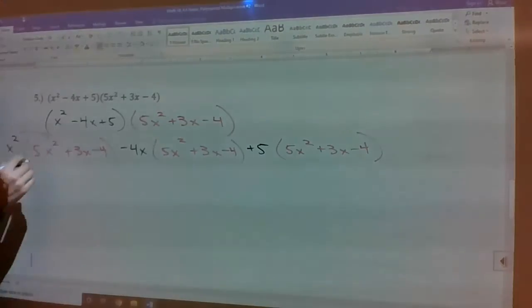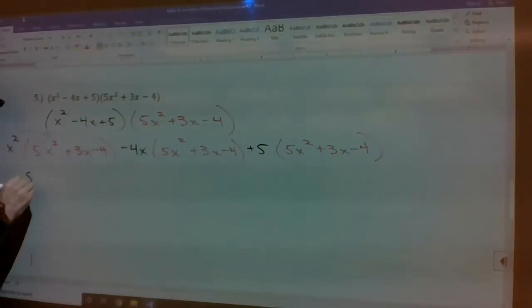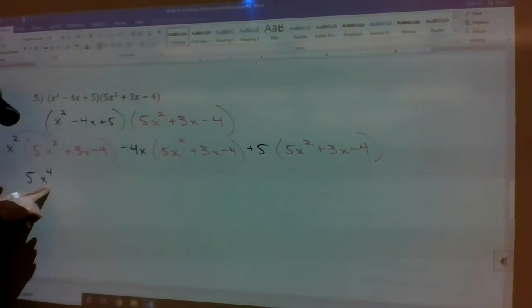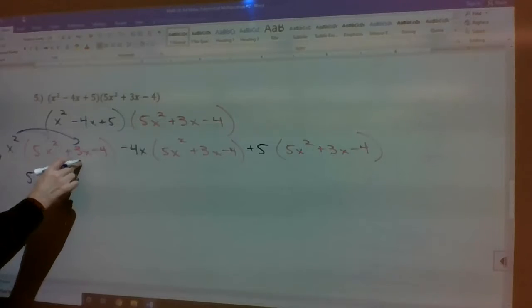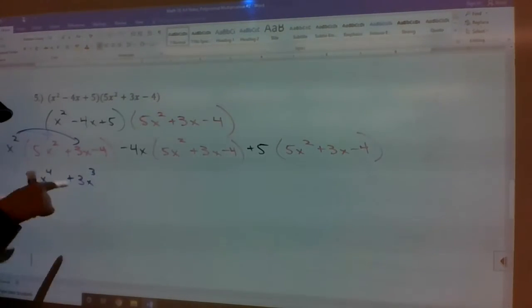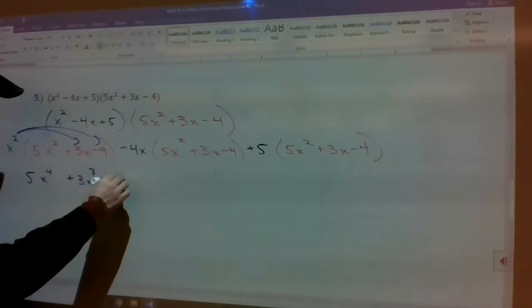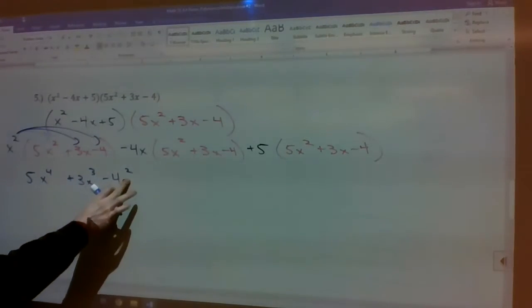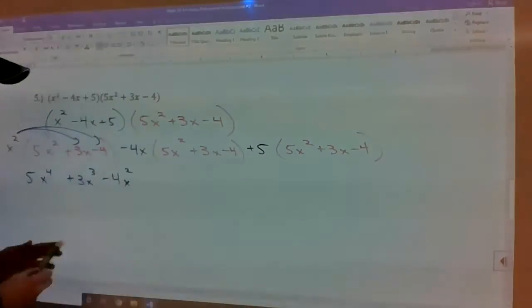So I got 5x to the 4. Anytime I get an x to the 4 power, I'm going to stack it right underneath here. 3x cubed. Anytime I get an x cubed power, I'm going to stack it under here. And then the same thing with the negative 4x squared. Okay? Now I'll do the second one in green marker.